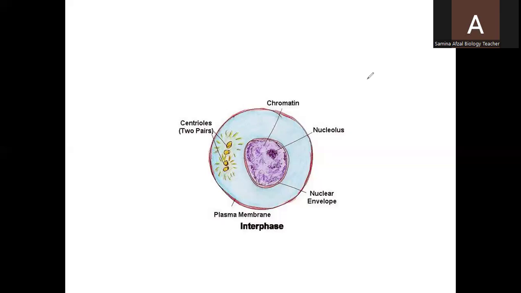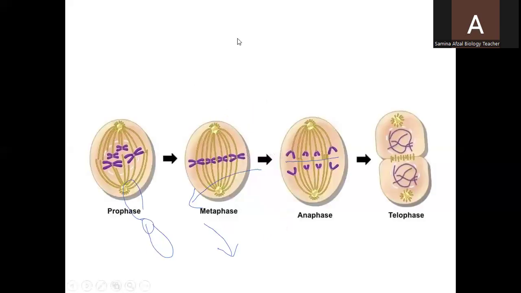Secondly, the nuclear membrane starts disappearing, and the chromatin fibers take the shape of proper chromosomes. These chromosomes replicate during this interphase. They make a copy, and then the first phase of the mitosis will start, which is called the prophase.